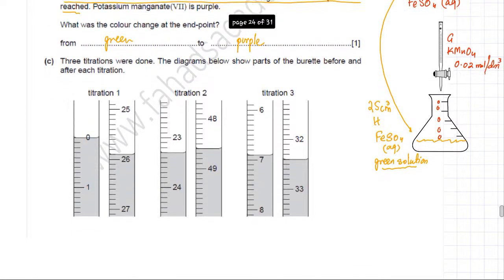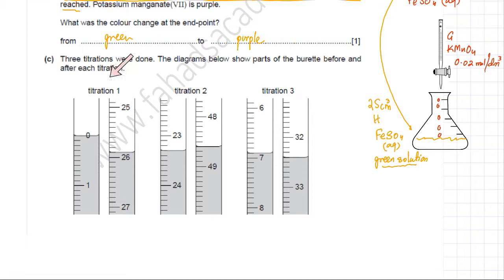If you have a look at the burette diagrams for the first titration, we're talking about the KMnO4 that's in the burette, and we want to figure out what volume of KMnO4 is added into the flask. In titration 1, 2 separate burettes are drawn.